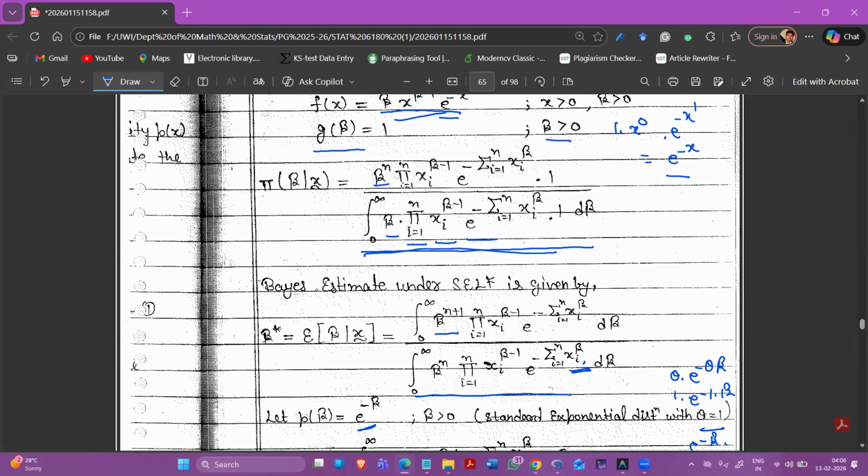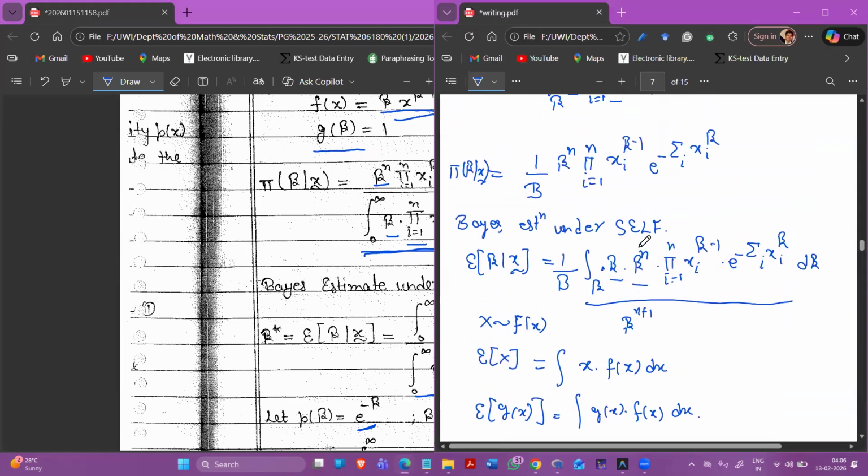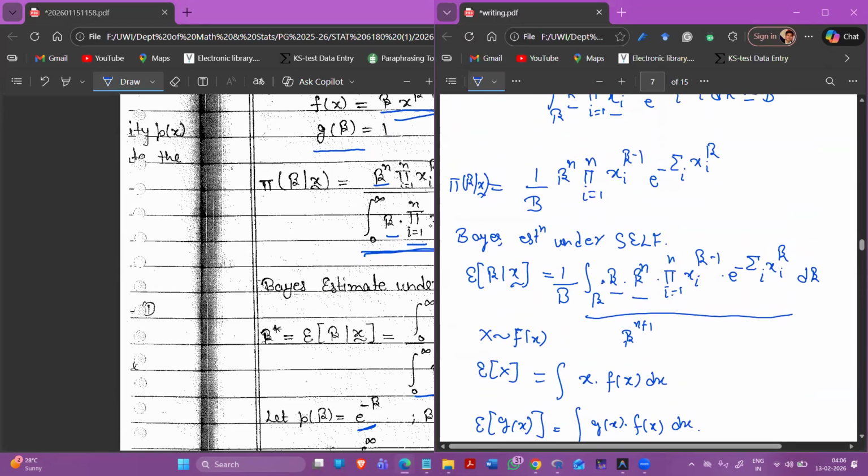We have the integration in the denominator, right? And when you find the estimate, you need to multiply by beta and integrate over the range of beta in the denominator also, that I showed you here, right? I showed you here that 1 upon b integral. So I think you should not have any confusion in this portion.